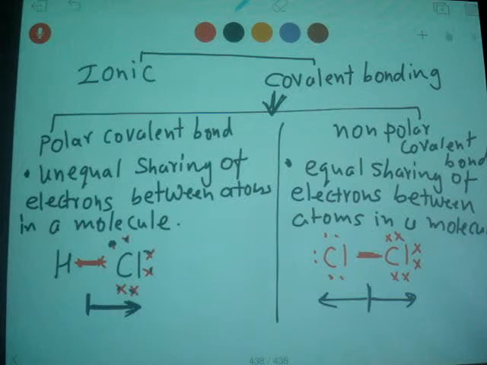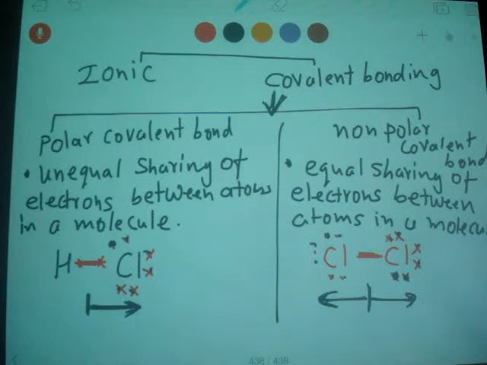So they are equally sharing electrons between atoms. This chlorine has 6 on one end, this chlorine has 6 on one end. So the polarities cancel out and make the molecule non-polar, right?